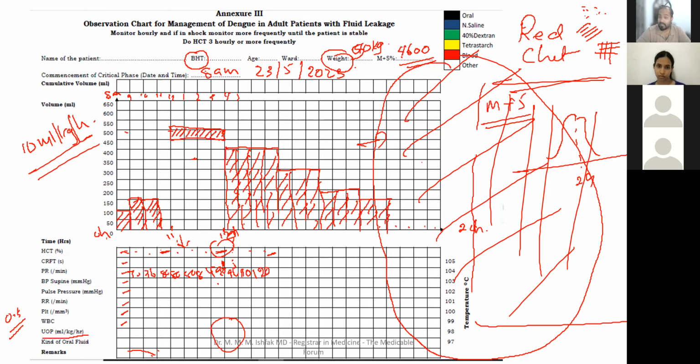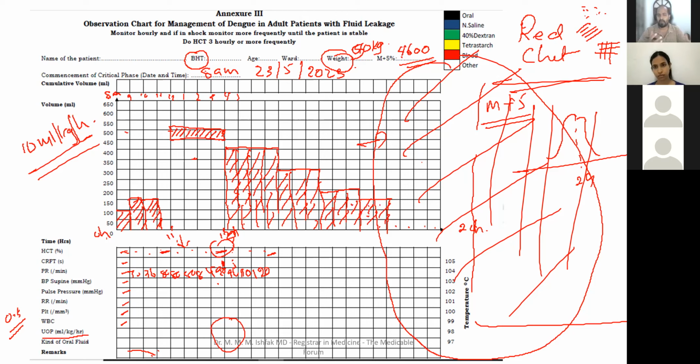So this is how you come down with fluids. You don't rapidly come down, because if you rapidly come down with your fluids, the patient can go into rebound shock. So you should go in a stepwise manner, right? Just take a note of this.